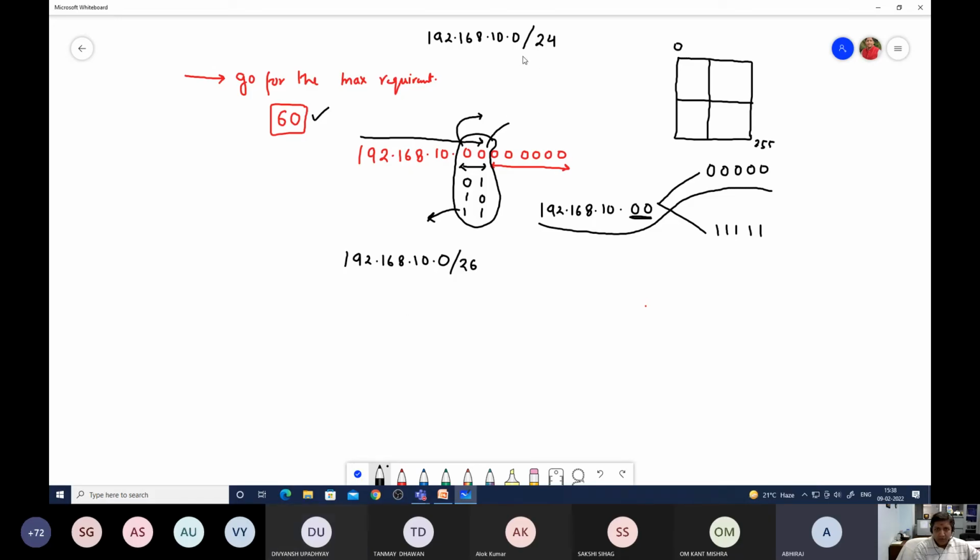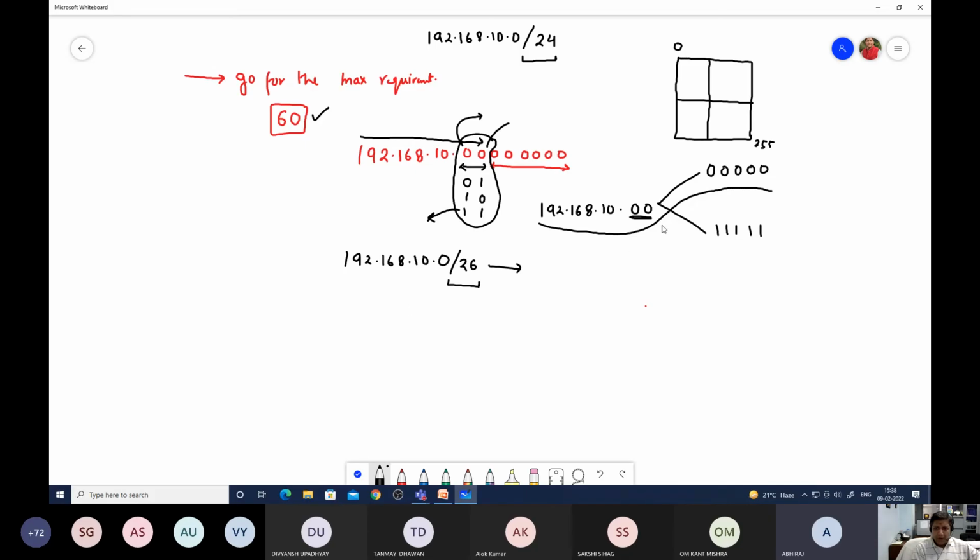As soon as you attach the subnet mask, these are two different network addresses. As soon as you say /26, you see 26 bits, the rest are 0, it is a subnet ID. So the first subnet ID would be this.